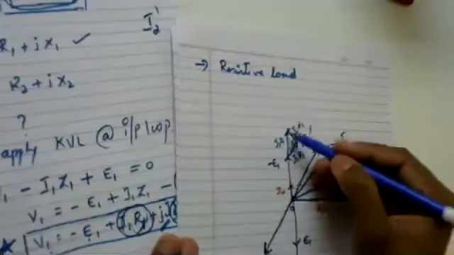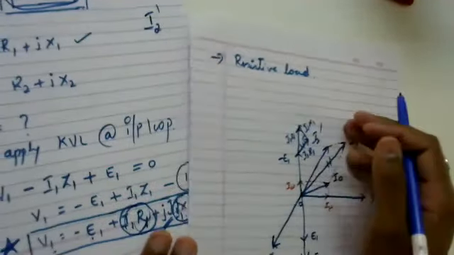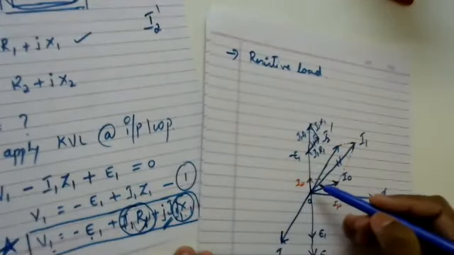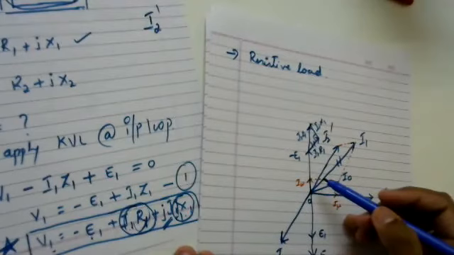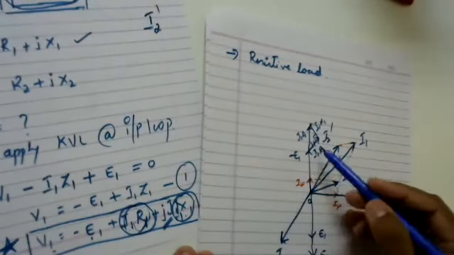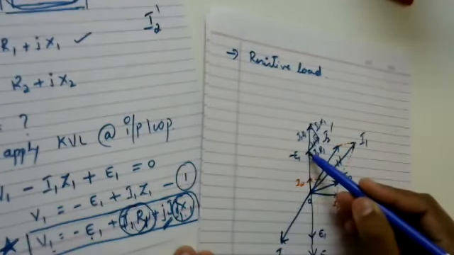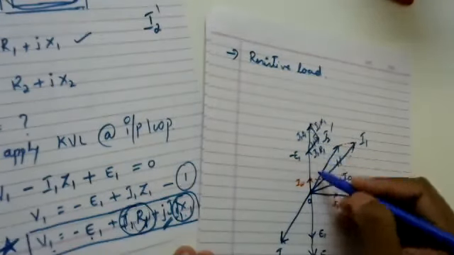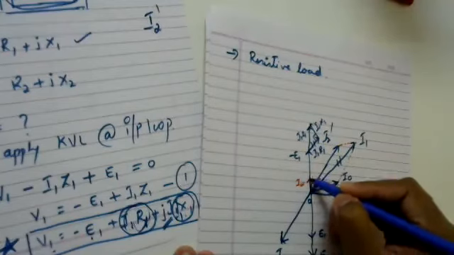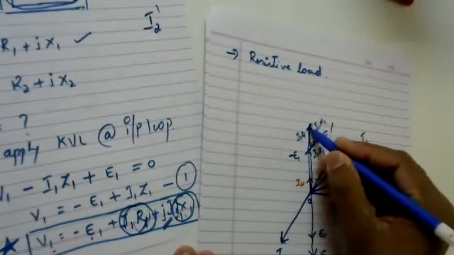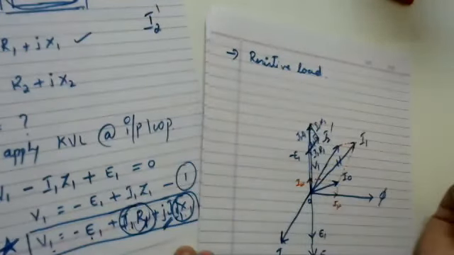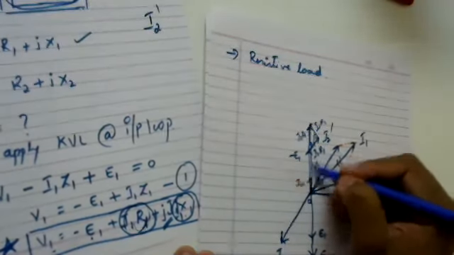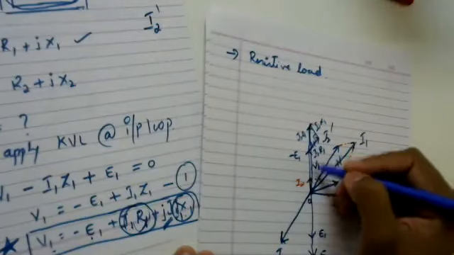So if I sum up these voltage drops, that is minus E1 plus I1 into Z1, this should be able to give me my supply voltage V1.